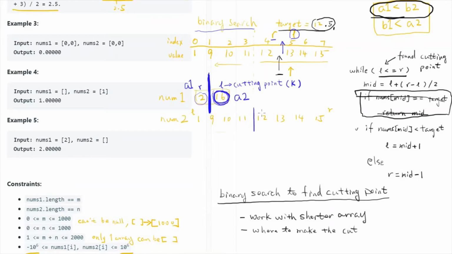So how do we calculate the cutting point in the second array? We use a formula: K2 is equal to half size minus K. In total, we have 10 elements in num1 and num2, so half is 5.